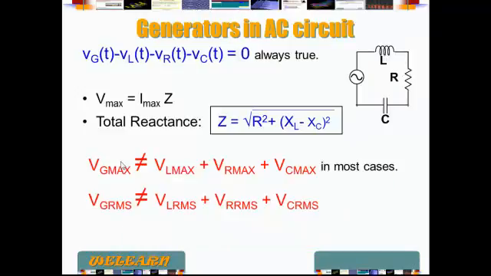Now, like we did for inductors and capacitors, we can define a reactance of all devices at the same time, meaning the combined reactance of an inductor, resistor, and capacitor.